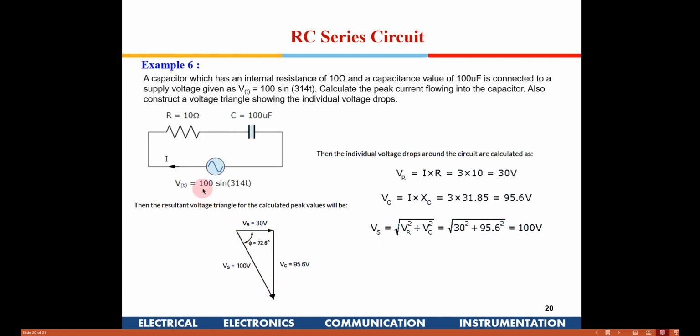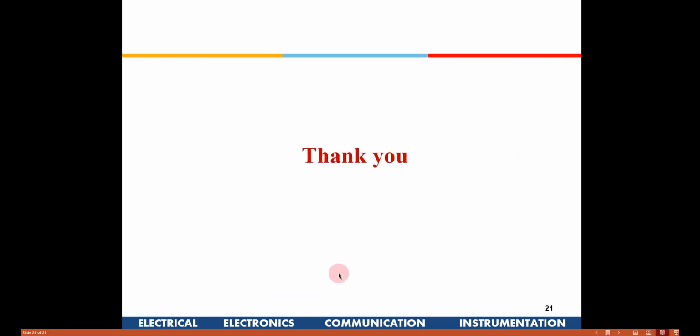And the net voltage is 100. Here 100, 30 and 95 are all peak values, okay. So it is shown here, right? So the sum of this and this will come as 100. So this is how we do it, okay.